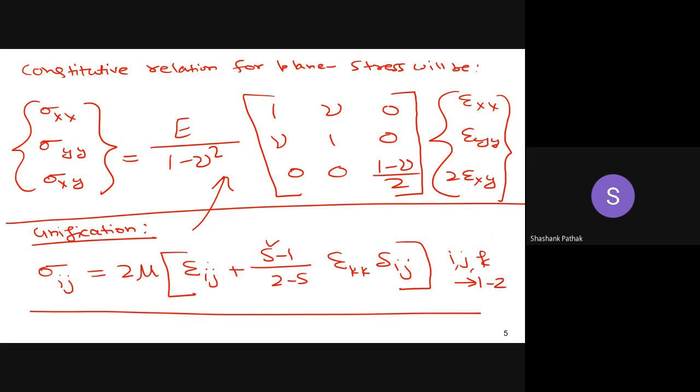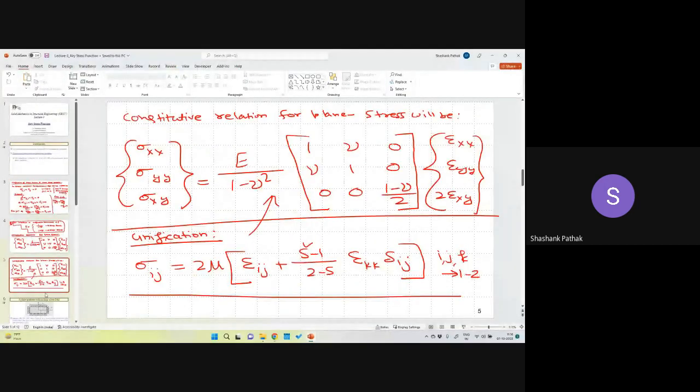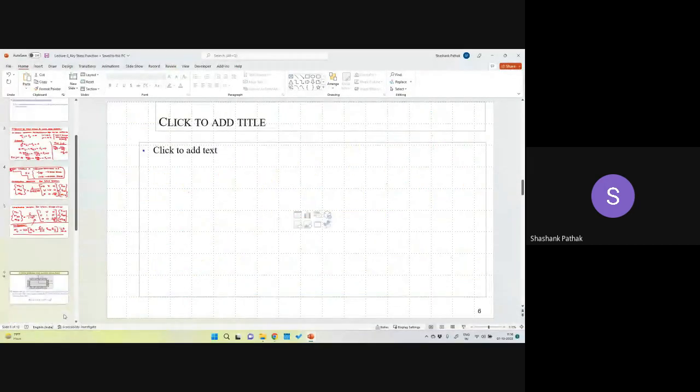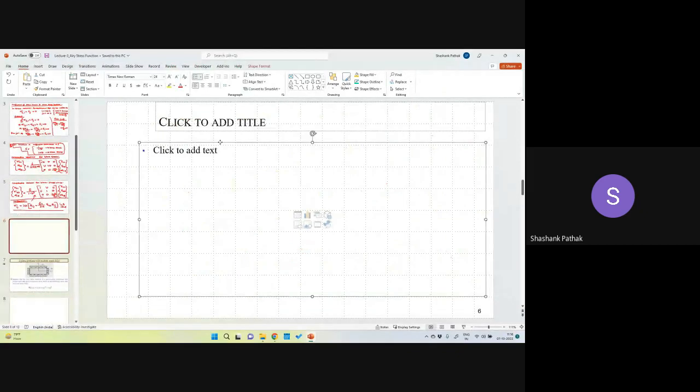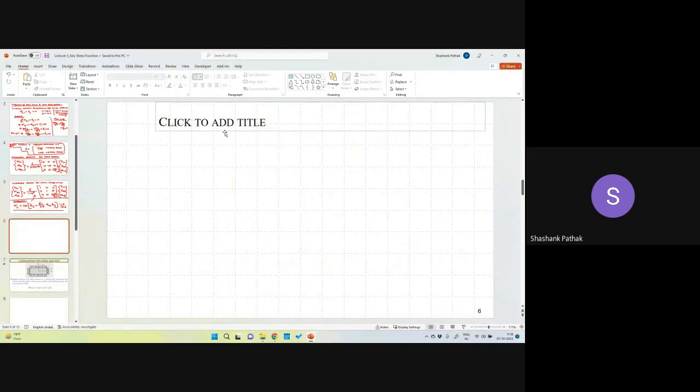So for the plane stress problem, that factor was s minus 1 upon 2 minus s.